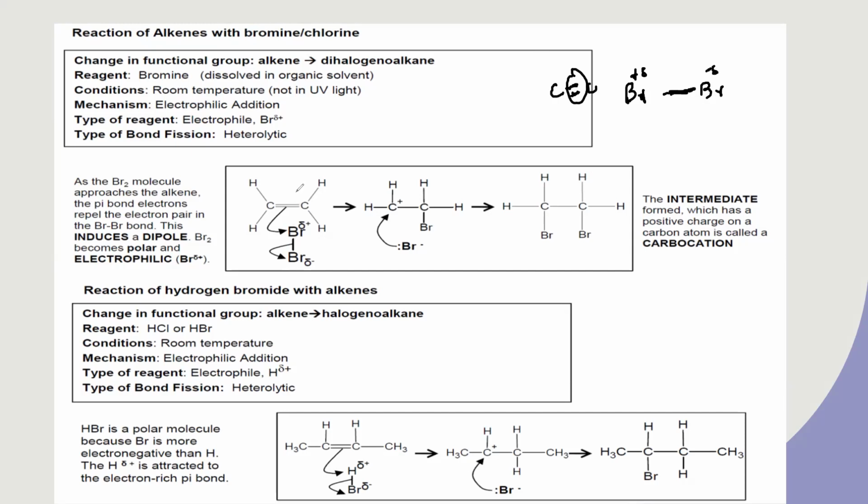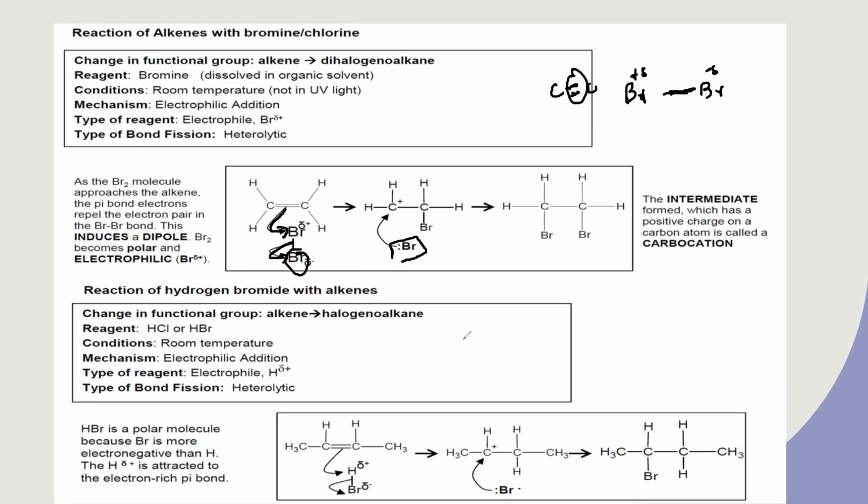Then how to draw the arrows? The direction of the arrow is always important. Draw the arrow from the double bond of the alkene to the bromine which is partial positive, and the second arrow from the bond between the bromines to the bromine which is partial negative. This will take the electrons and become a bromide ion, and the other bromine will form a bond.